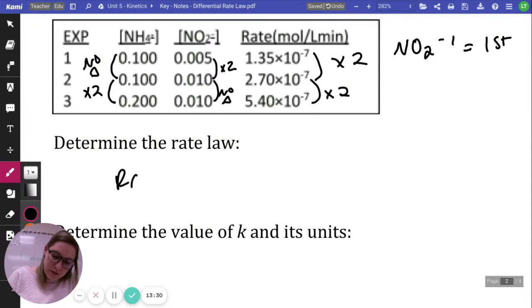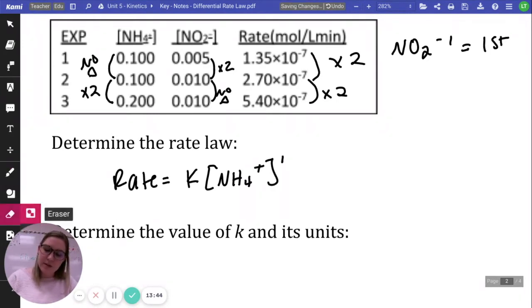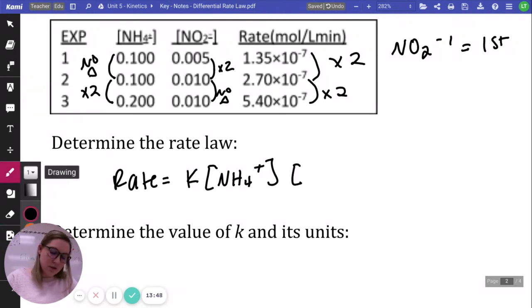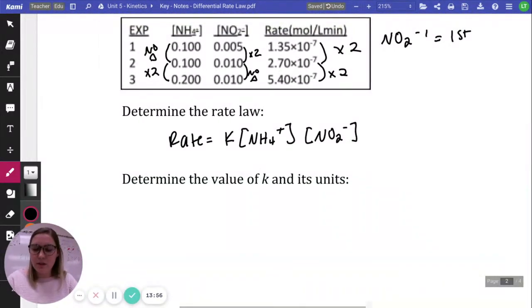So rate is going to be equal to our rate constant times the concentration of NH4 to the first power, which we don't have to write because it's 1, so it's just assumed, times the concentration of NO2 to the first power as well.